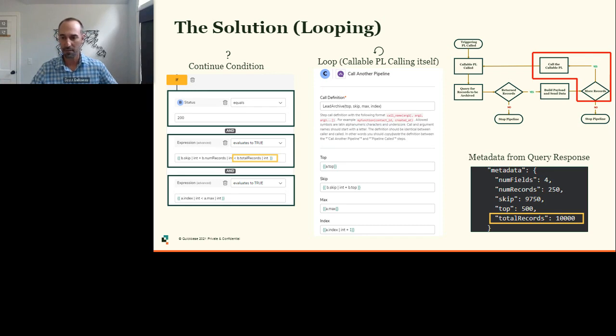So let me go back one. If the number of records plus skip is less than the total records, we know that we have more records to process. Otherwise, we stop.